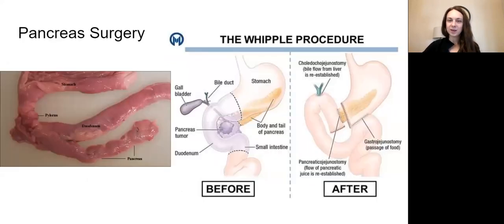So that brings me into pancreas surgery. I love talking about pancreas surgery because I tried so hard to get in on a full Whipple, and I will describe that struggle, even though it's not for your test, but it's good information for you. So let's look at the book first, Surgery of the Pancreas and the Spleen. So cancer of the pancreas, that's usually why we're going to do a Whipple procedure.